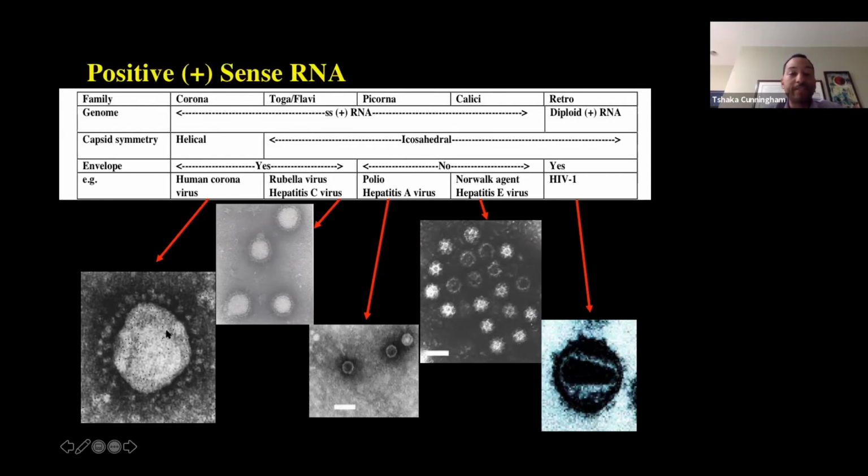Then all it does is inject itself into your cells and replicate like crazy until it kills your cells. In this case, it kills your lung cells, the coronavirus. Other viruses like rubella and hepatitis C are the same kind of thing. Positive sense RNA viruses function very much like the RNA in your cells, and they can hijack your machinery to make more of themselves.